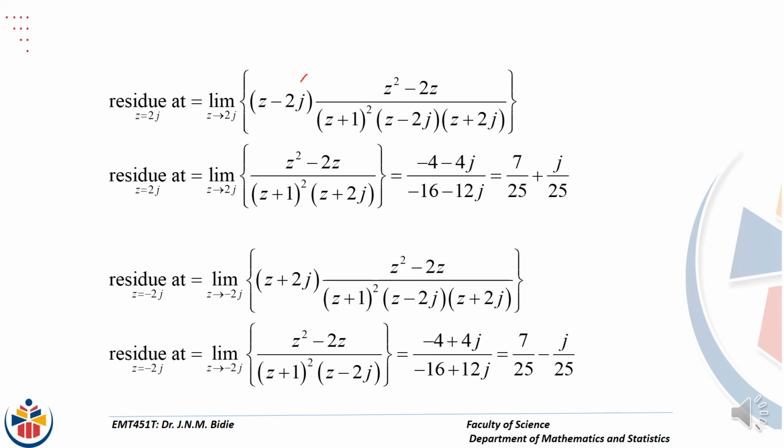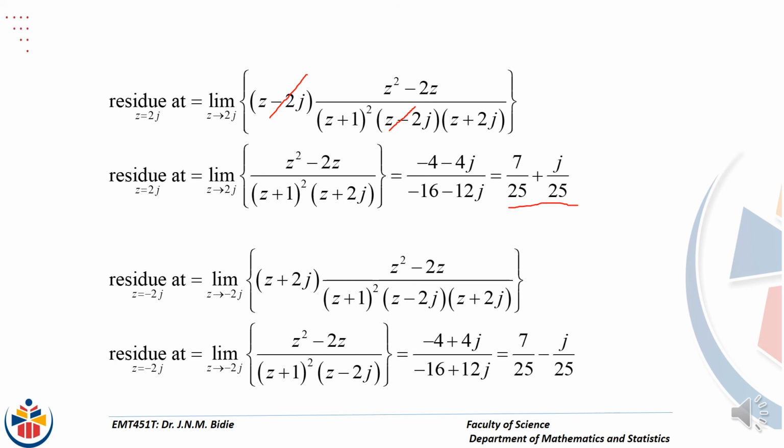So in this case z minus 2j and z minus 2j cancel out. So you are left with z plus 1 all squared into z plus 2j in the denominator, and then you substitute 2j in. Note that after simplifying, we get j in the denominator, so we multiply by the complex conjugate of the denominator and then simplify, giving us that answer.